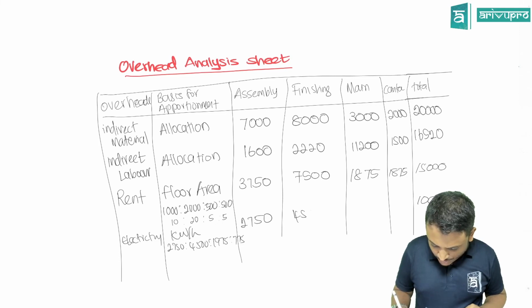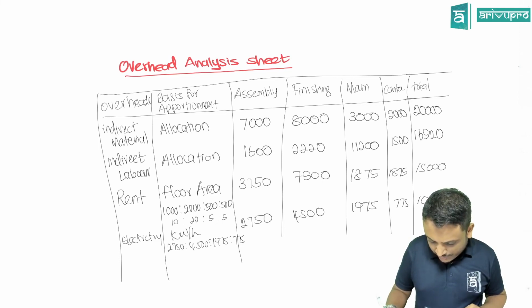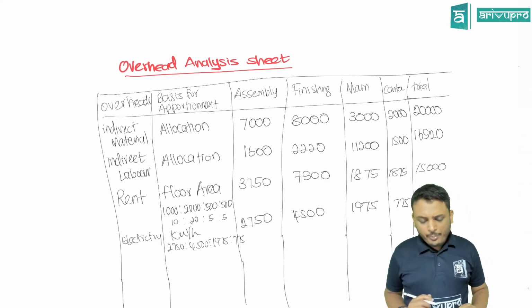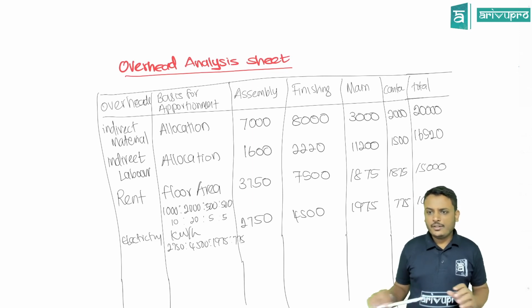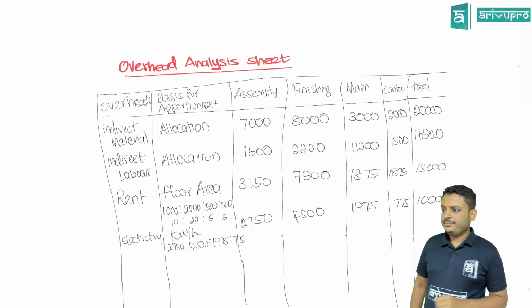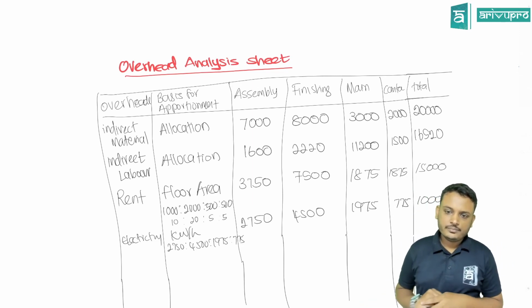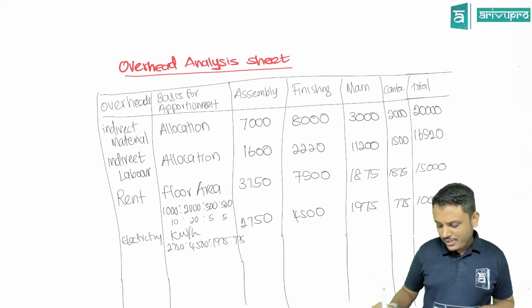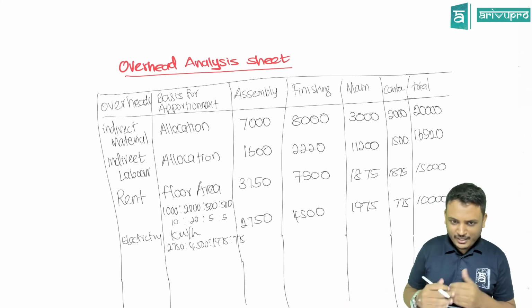2,750, 4,500, 1,975, 775. Copy this. Rent also done. If you total it up, it is 10,000. So directly you can take it. Otherwise, what is the long lengthy method?